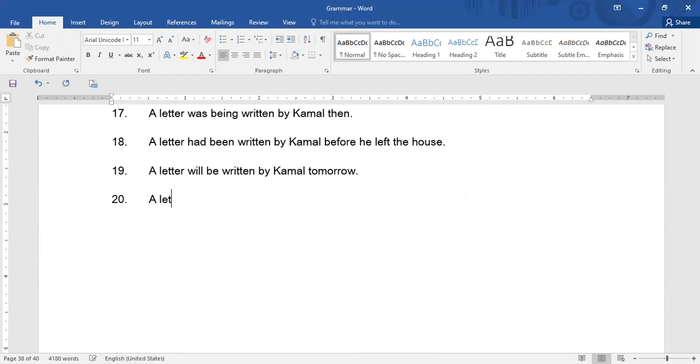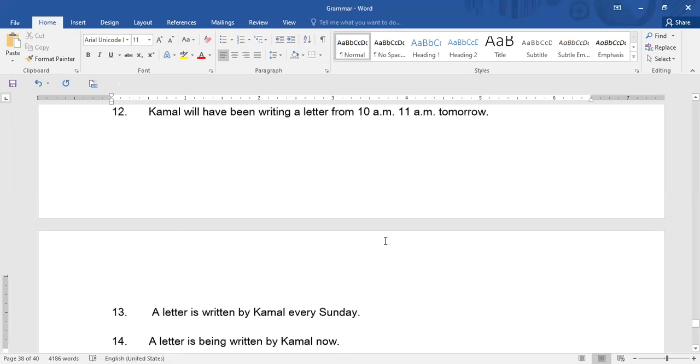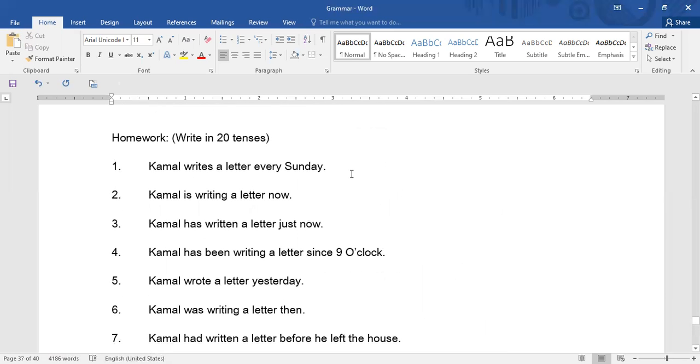A letter will have been written by Kamal. So these are the 20 tenses. We have all in a nutshell. We have seen this. Now I'm going to tell it in Tamil.